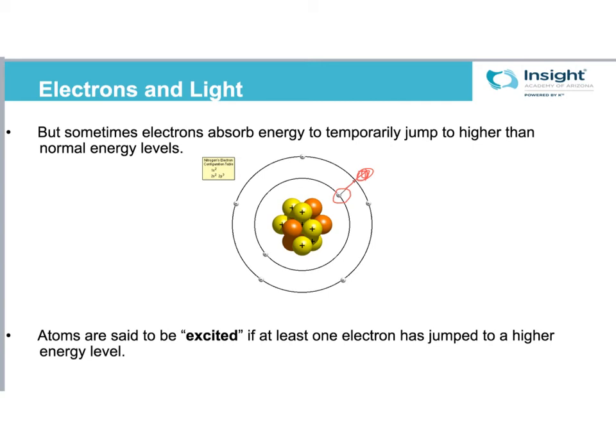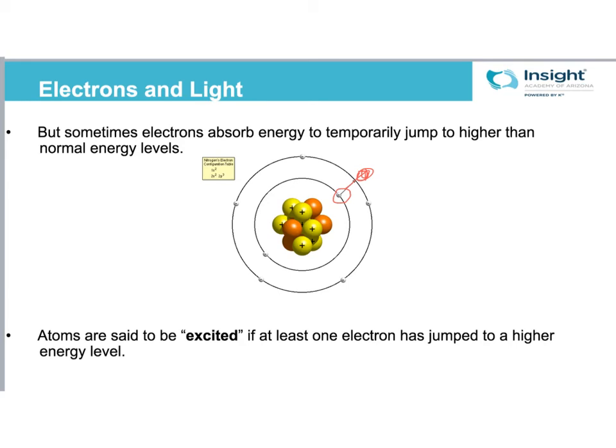Hopefully you are saying no. And why not? Because the electron wants to be in the lowest possible orbital. So that electron is going to bounce back down to the orbital below. So it's going to go from excited state back to ground state.